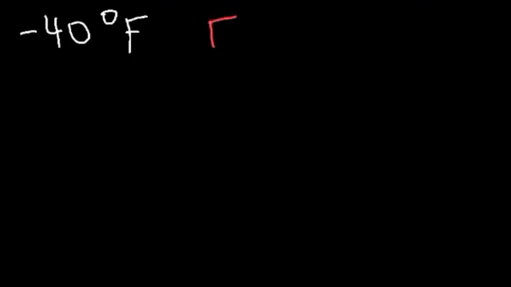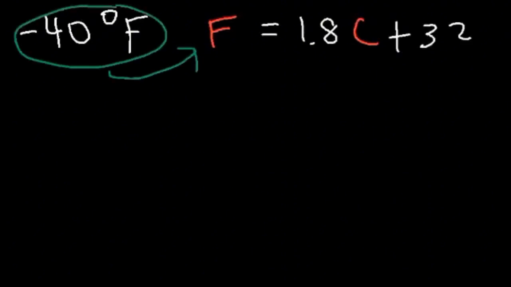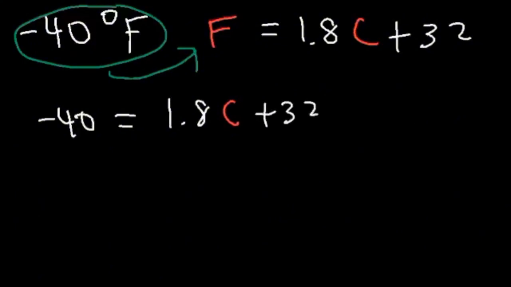Now we know that the Fahrenheit temperature is equal to 1.8 times the Celsius temperature plus 32. So let's take this number and replace F with it. So negative 40 is equal to 1.8 times C plus 32. The first thing that we need to do is subtract both sides by 32.